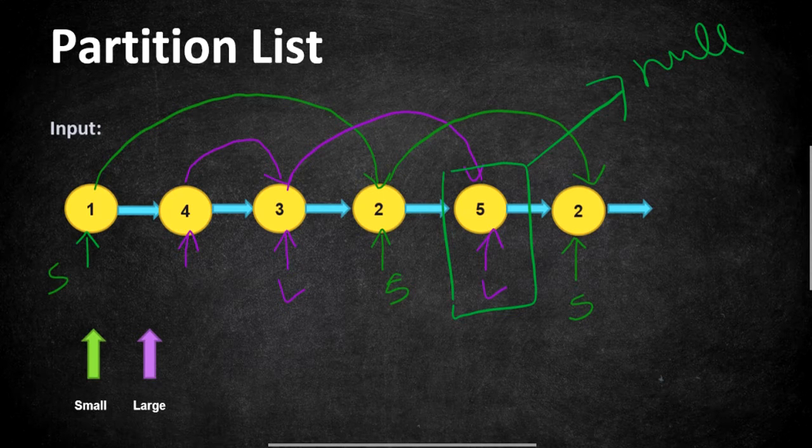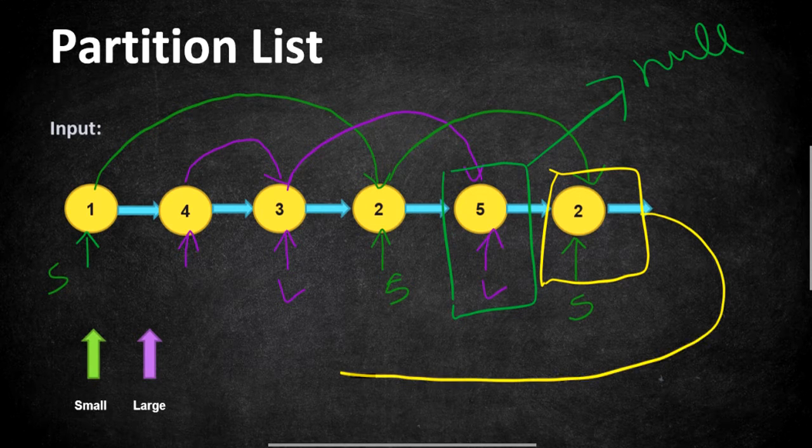Now our small pointer is at 2. We are going to connect small with the large dummy head's next, where large has started. So we connect small to large, so that now the list is arranged in such a way that all small elements come in the front and all large elements go to the back.